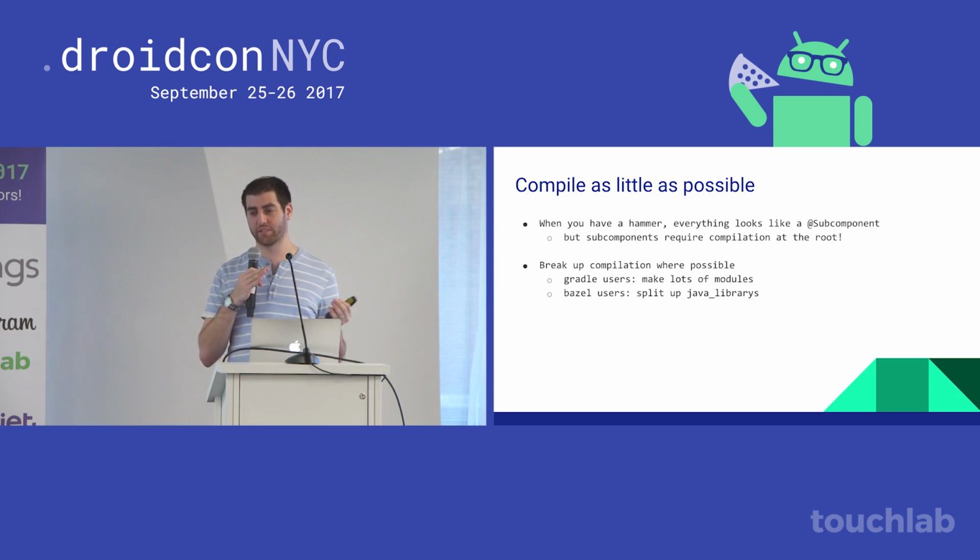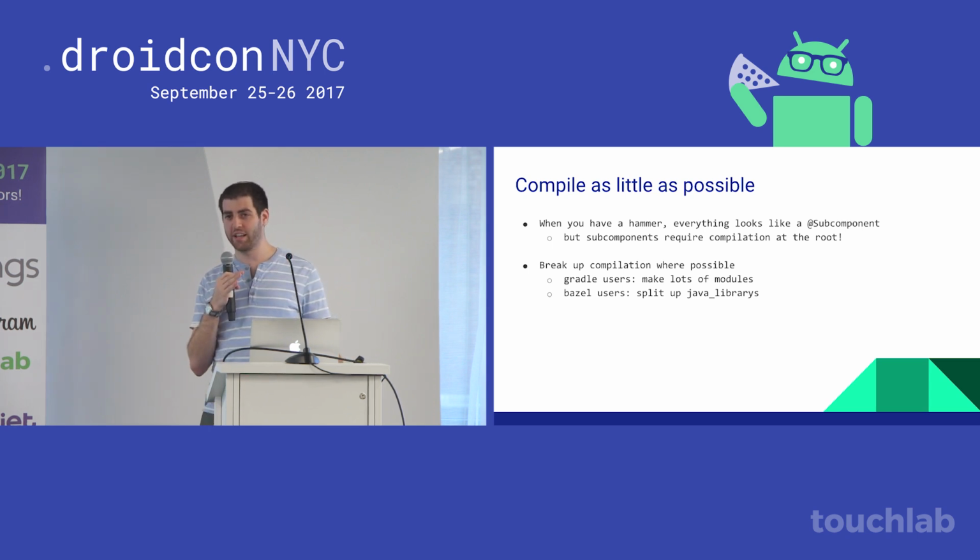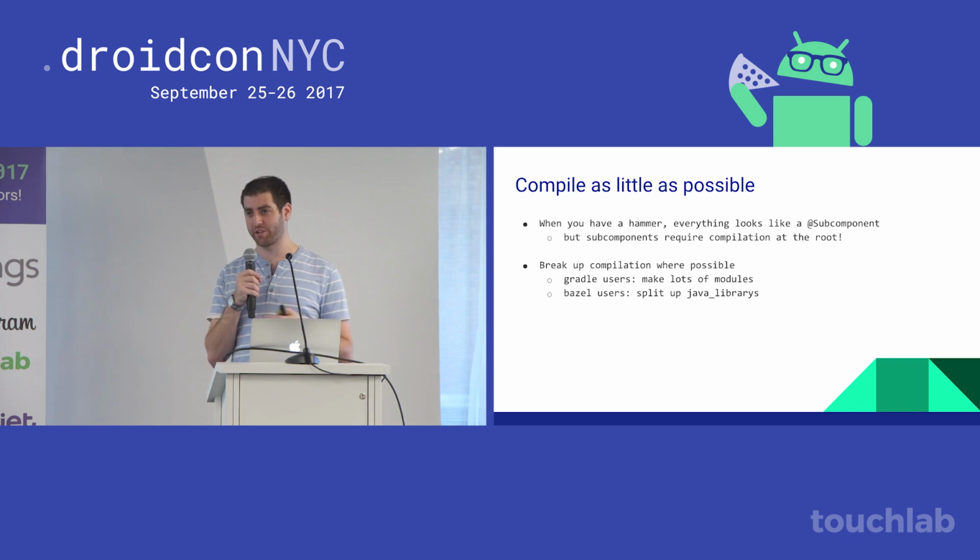We've tried to generate more ahead of time, but at the end of the day, we need to know almost your entire class path. And anytime you change any little bit of that, we need to regenerate a lot and do a lot of analysis. The reason, obviously, is so that we don't do that analysis at runtime, but you're hitting that at compile time, and that's very costly. So whenever you can, try and compile as little as possible.